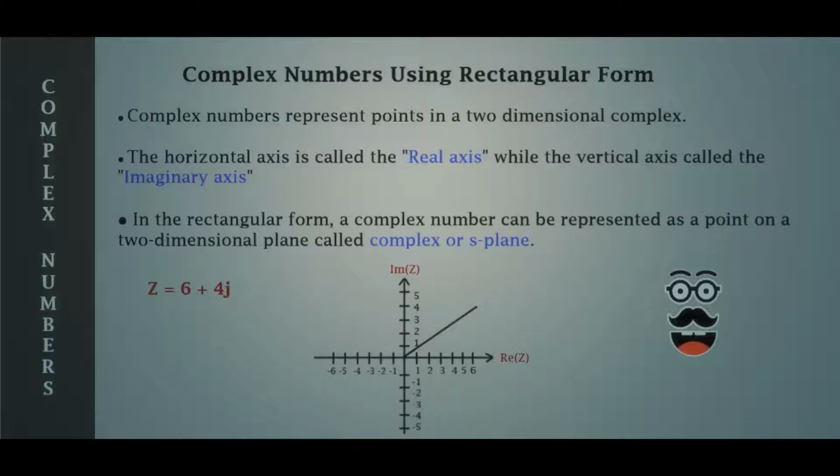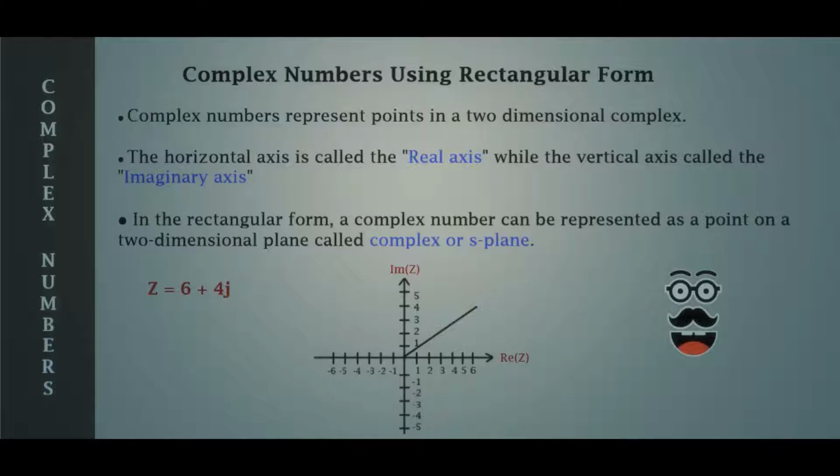Let's look at how to draw the complex plane and mark points in it. Okay, draw a horizontal axis and name it real number. Then draw a vertical axis and name it imaginary number. And mark the numbers as shown in the figure. 6 represents the real axis and 4j represents the imaginary axis.